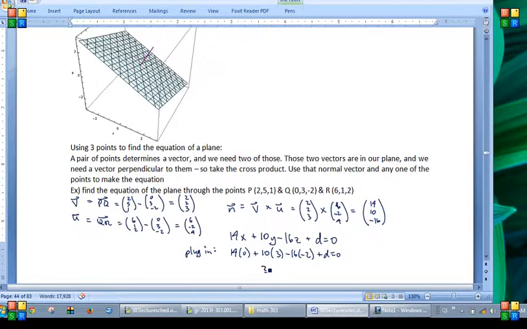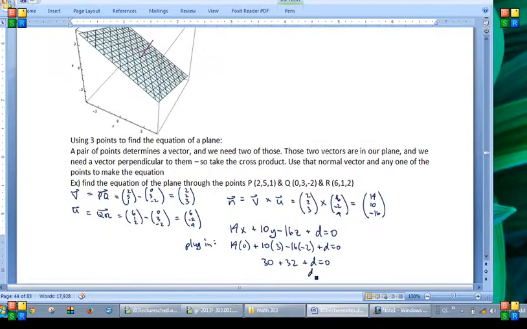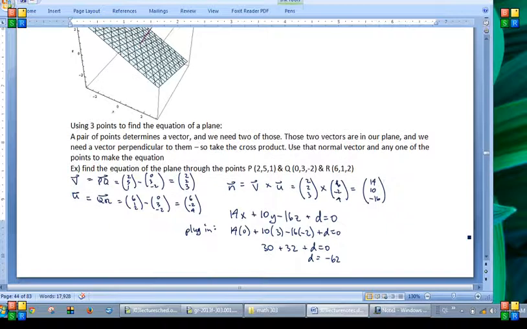So that's 30 plus 32 plus d equals 0. So you get d equals negative 62. So finally the equation is 14x plus 10y minus 16z minus 62 equals 0.